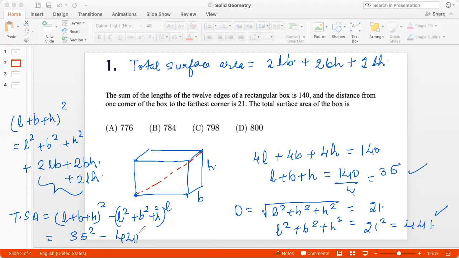So if we plug this in the calculator, let's do that. What is 35 squared? 35 squared comes to 1225. So that is 1225 minus 441, which comes to 784. And so my right answer is option B.